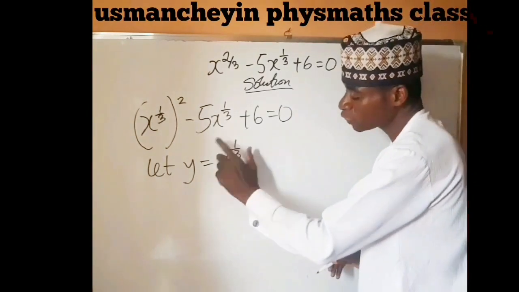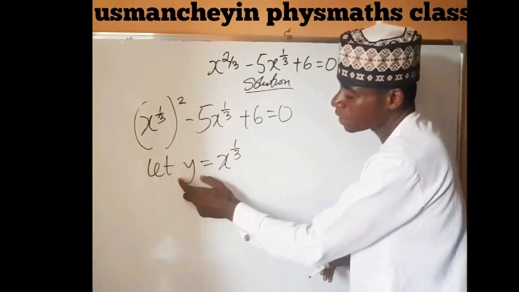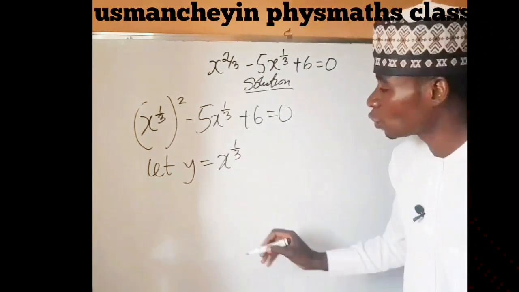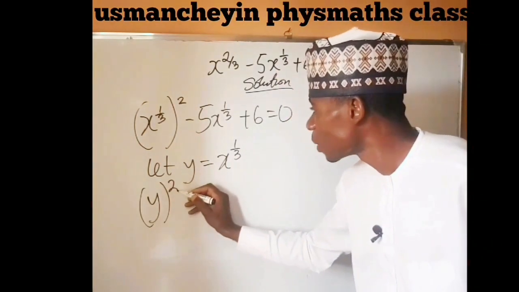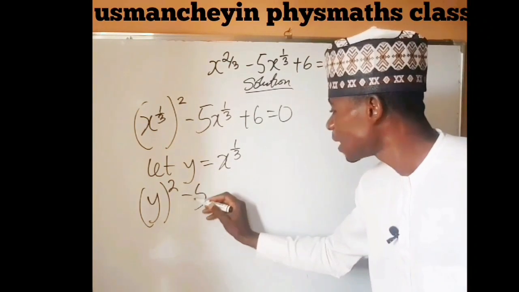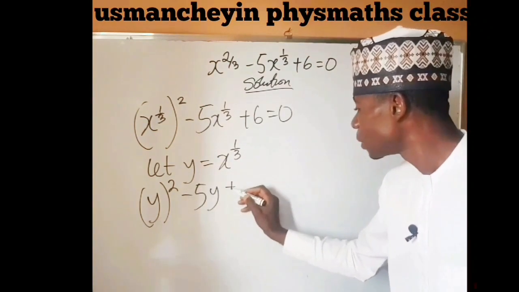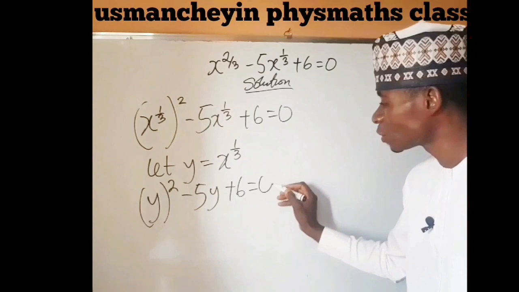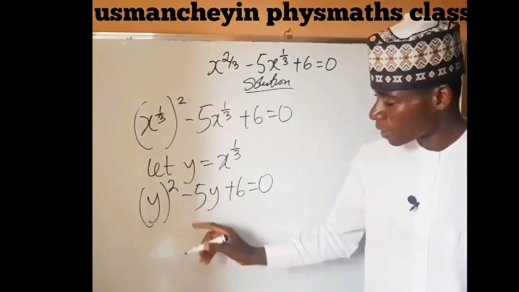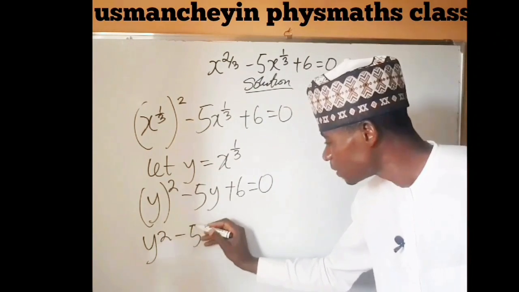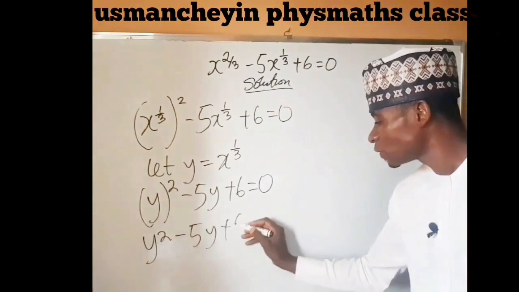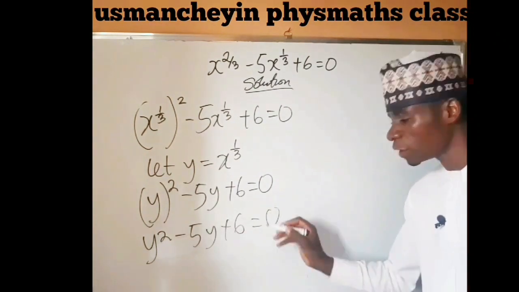Now, we will be able to substitute this y back into this equation to obtain y, all in the bracket raised to the power 2, minus 5y plus 6 equals 0. Now from here we have y squared minus 5y plus 6 equals 0.